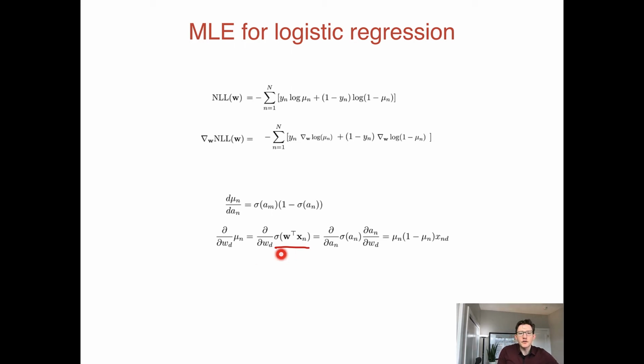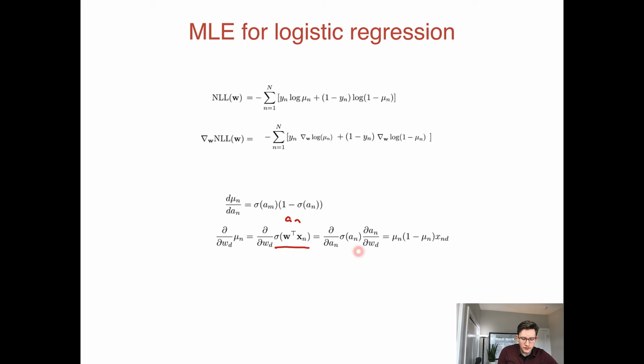So the derivative of this whole thing is the derivative of sigma of a n with respect to a n, times the derivative of a n with respect to w d. Don't forget that this thing is just a n. The first derivative, that's easy, we just did this here.